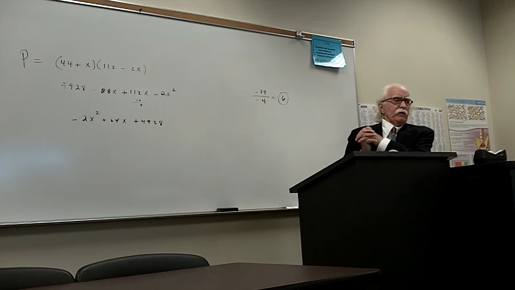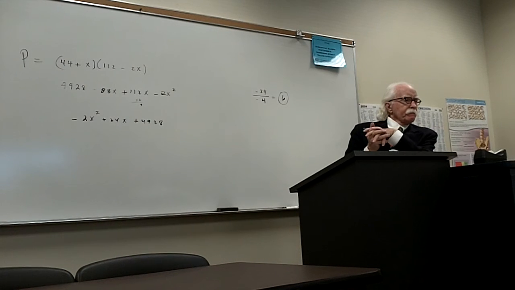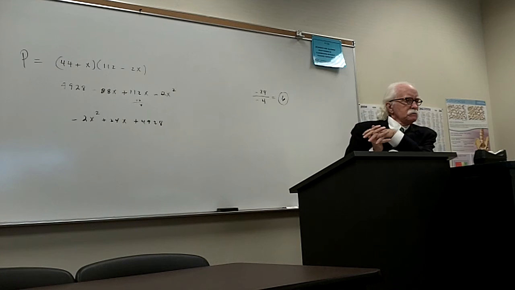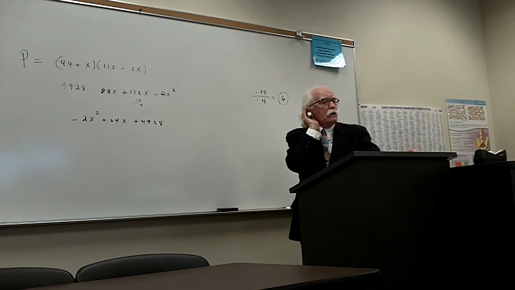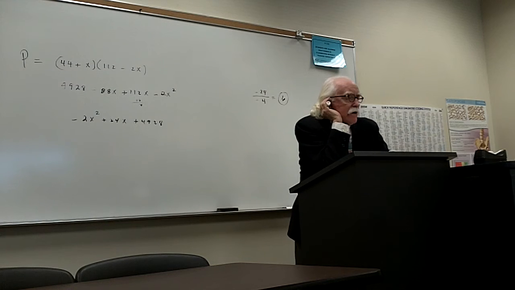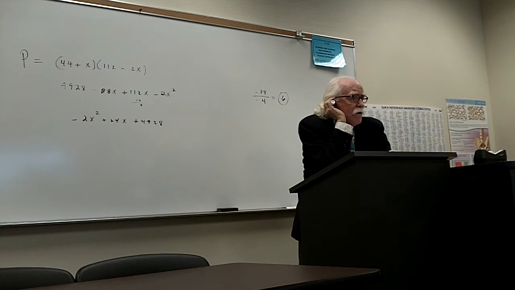How many of you understand what they're asking you to do? Just find out what the discriminant is, and if it's a negative number, then it's 2 non-real solutions, and if it's a positive number, then it's 2 real solutions, and if it's 0, then it's 1 real solution.